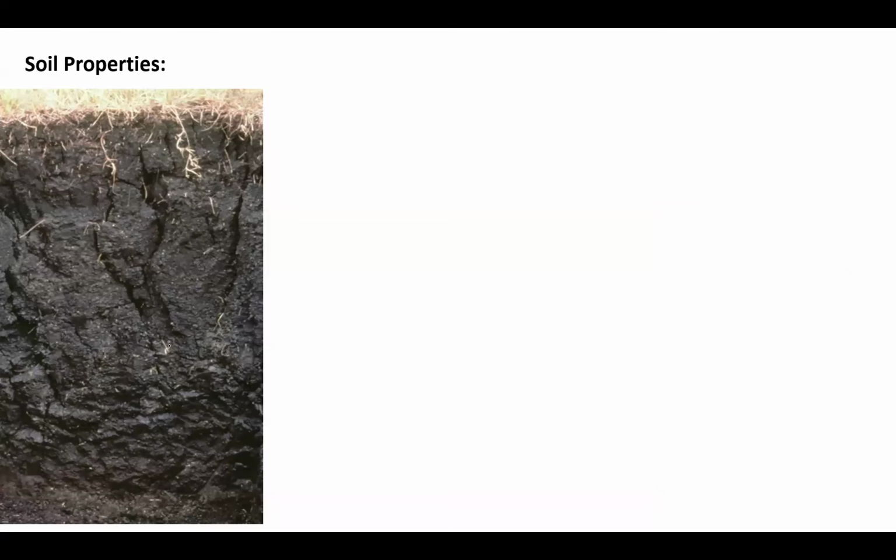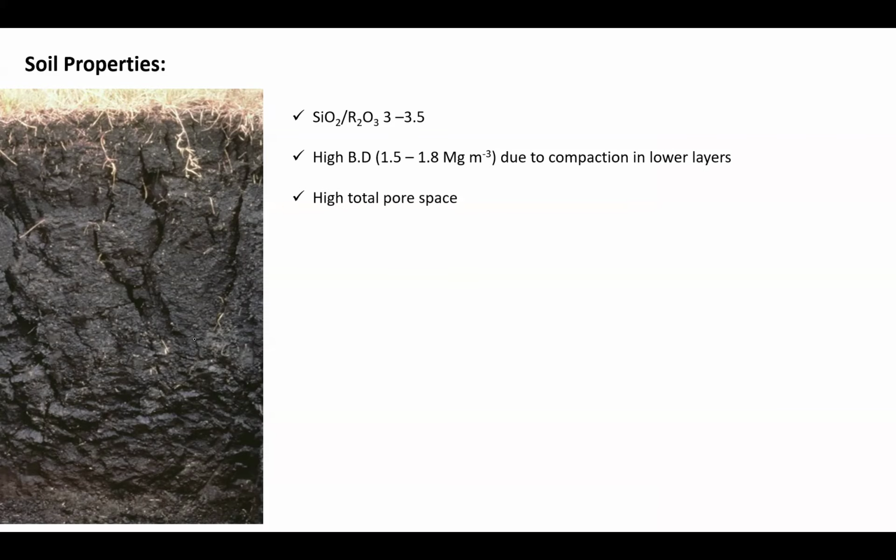In the soil profile, the silica to sesquioxide ratio will be 3 to 3.5. High bulk density will be there due to compaction in the lower layers, and a high total pore space, because naturally there is a lot of clay content, so pore space will be more. The pH will be neutral to highly alkaline in this type of soil.